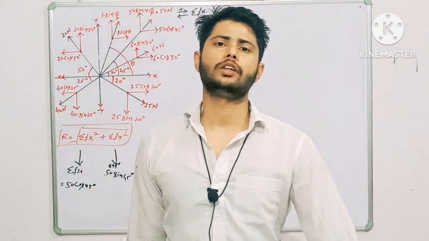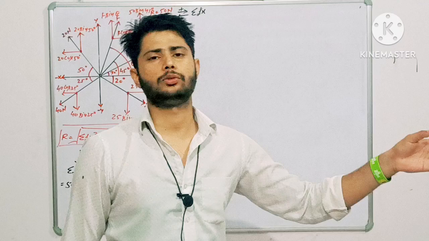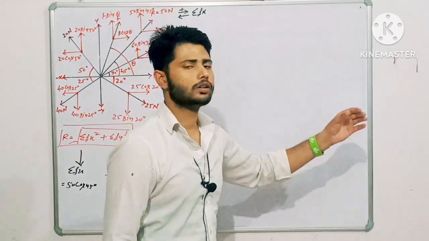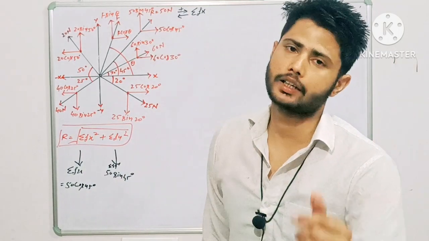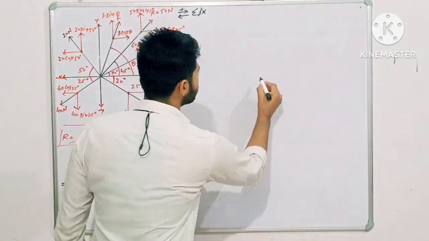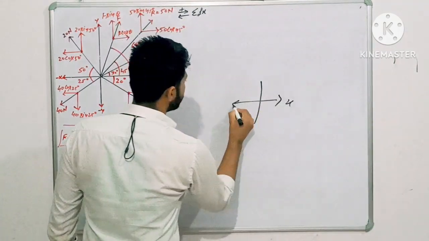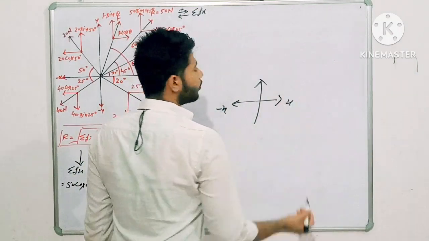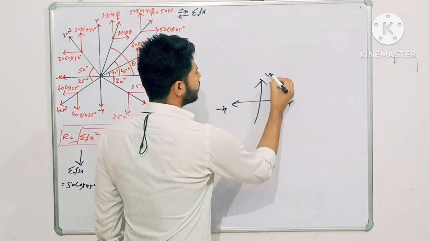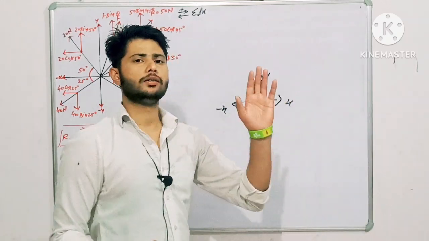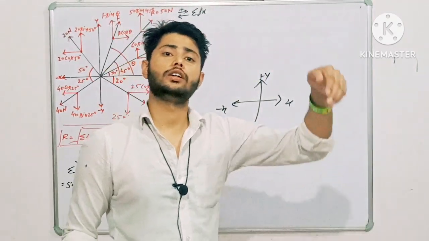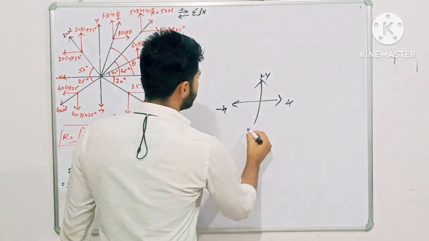For the summation of Fx, forces going in the right direction according to the xy plane are taken positive, and forces going in the leftward direction are taken negative, because x remains plus here and minus there. During the summation of Fy, the summation of vertical forces, upward forces must be taken positive, and forces going in the downward direction you have to take negative.